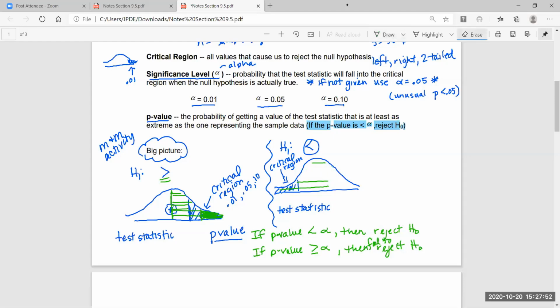If your test statistic was in here, because we're going less than, we would look significantly lower. See how that area is smaller than the area of the critical region? We would reject H0.